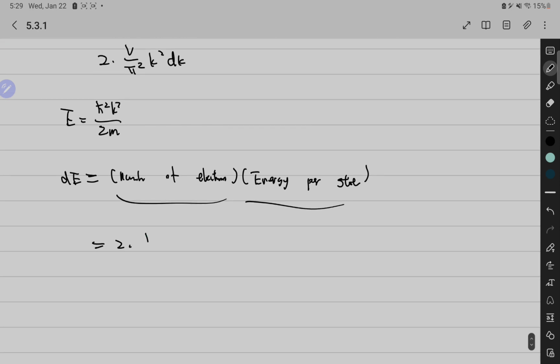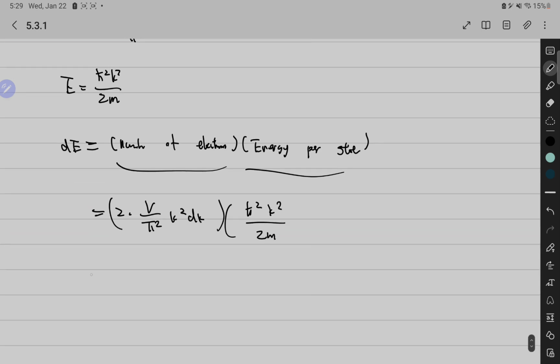So we're going to get 2 times V over pi squared, k squared dk, times ħ squared k squared over 2m. So our dE simplified is going to be ħ squared over 2m, times 2V over pi squared, k to the power of 4 dk.